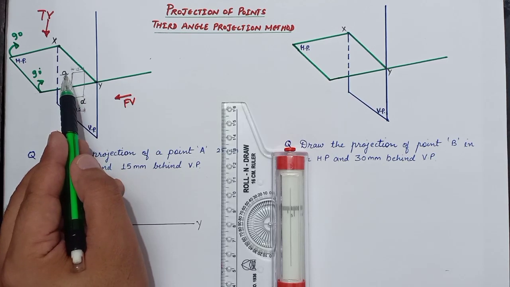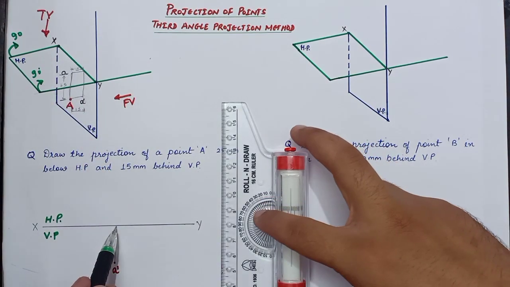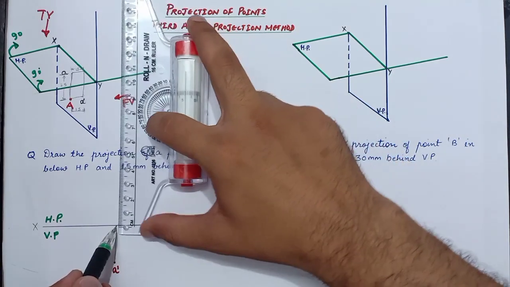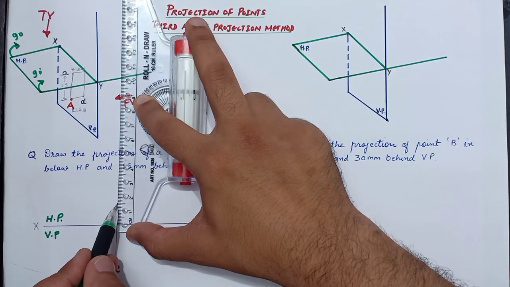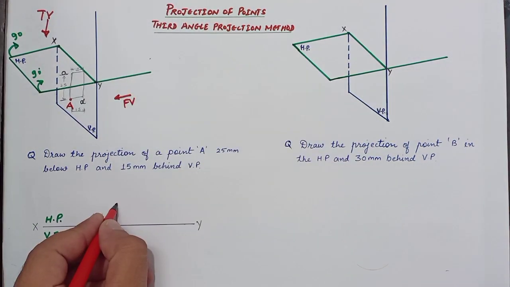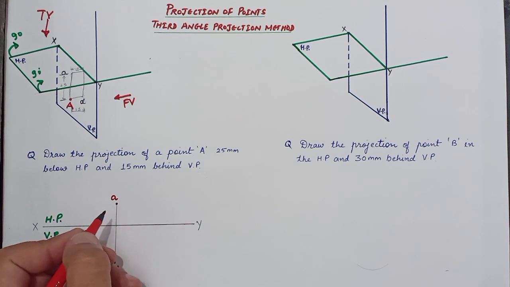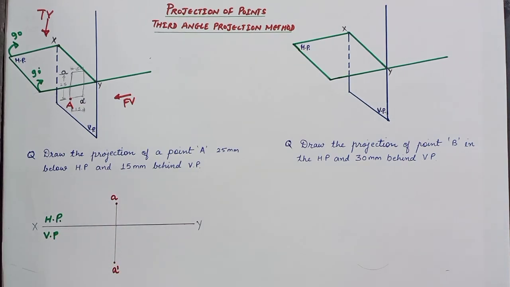We get a point A. So we measure 15 mm and we get A, that is the top view.